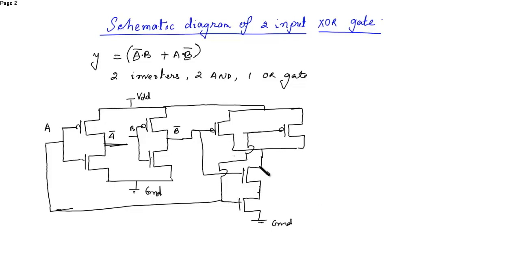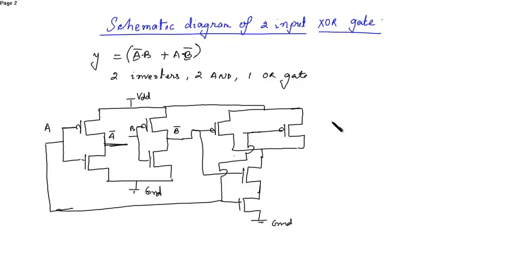This is B bar A, then there is A bar B. So again you will need a schematic over here, and finally will be the OR gate. If you want to draw a bigger schematic, then we need to draw it on a bigger page.